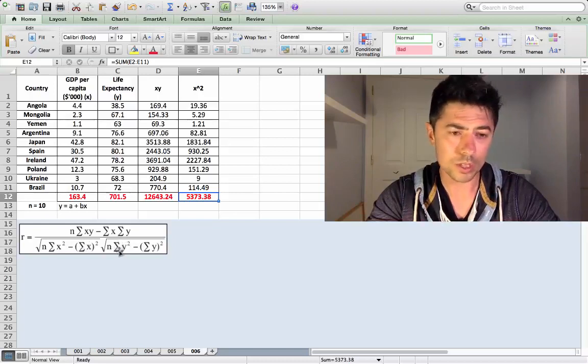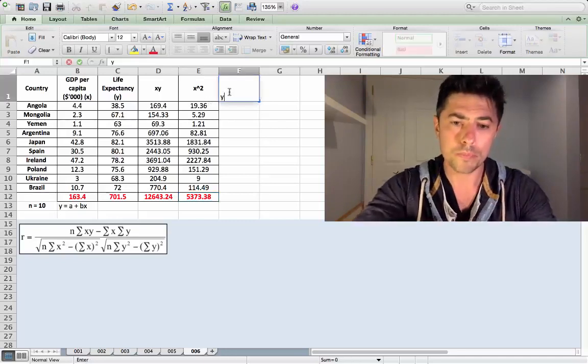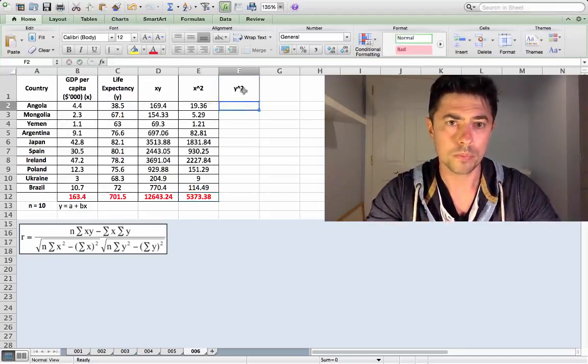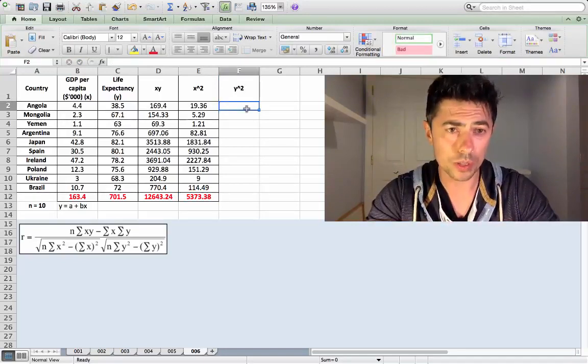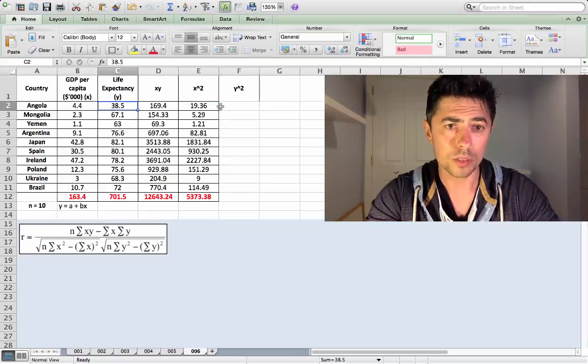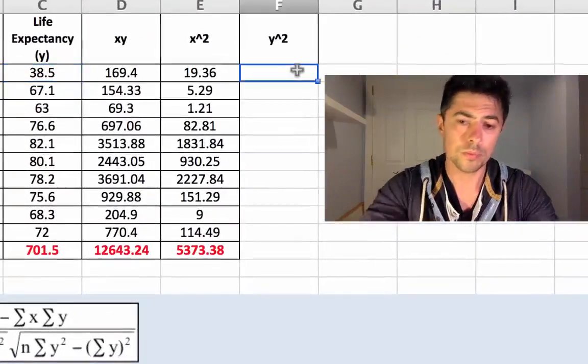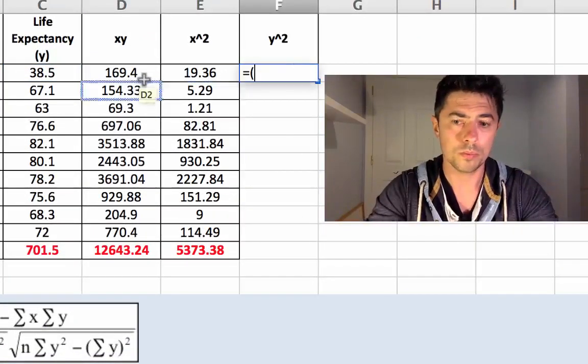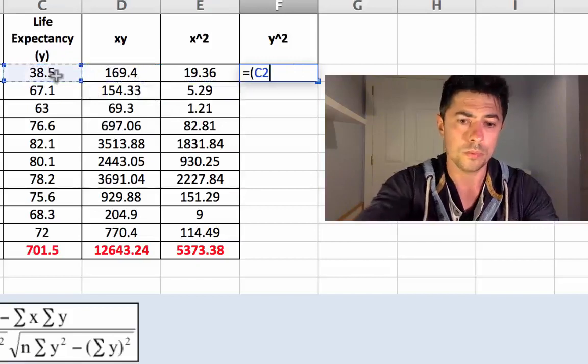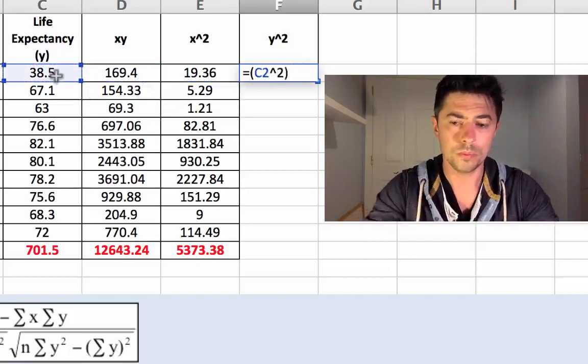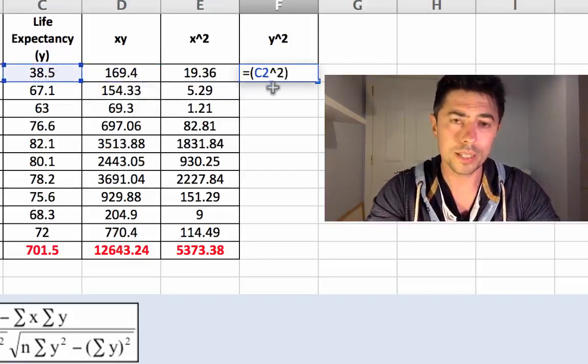But what I want to draw your attention to here is the y squared value. So in our table, we put in your y squared. Now y squared is just your dependent variable for each country squared. So this is your dependent variable for Angola. So it'll be the cell to the power of 2.